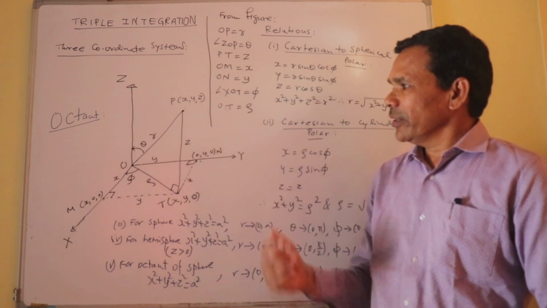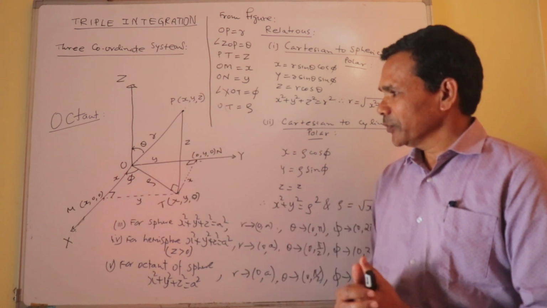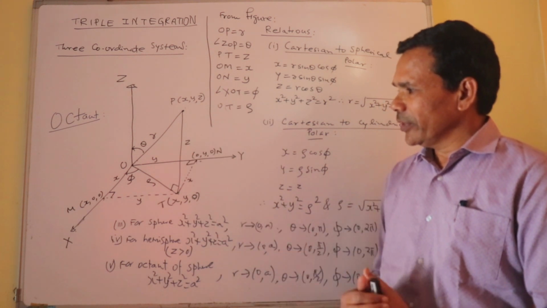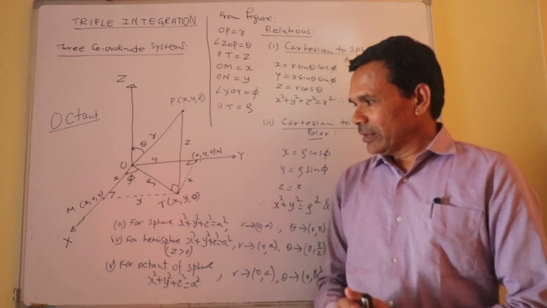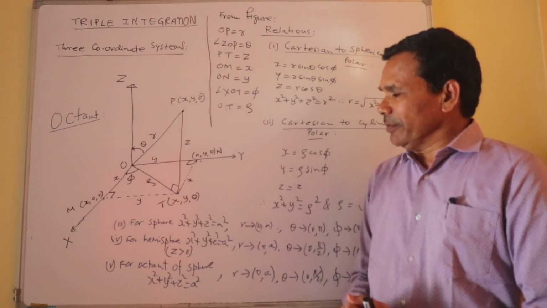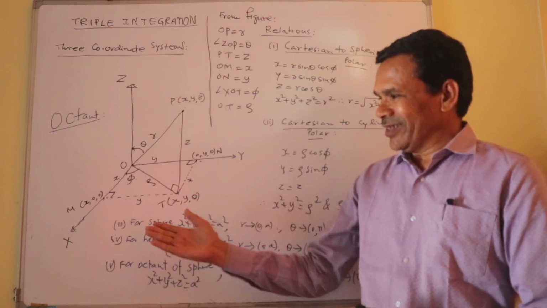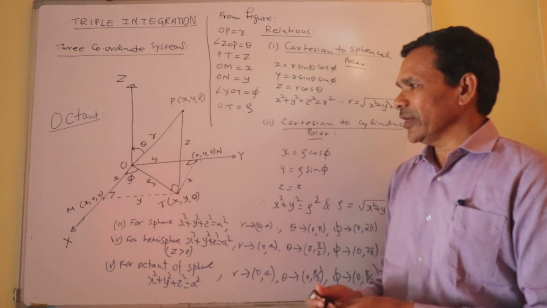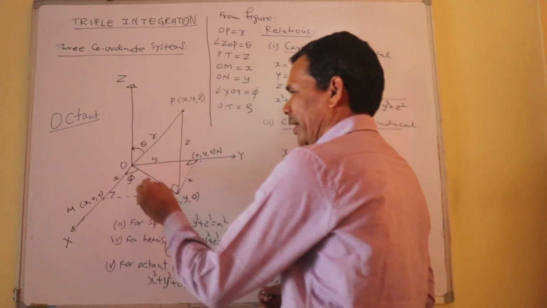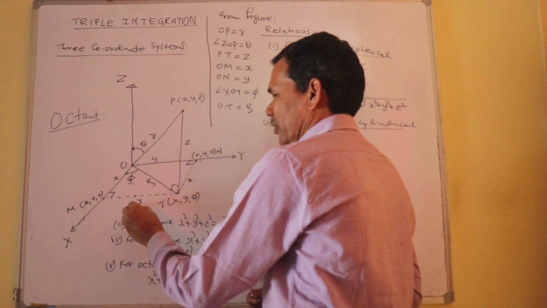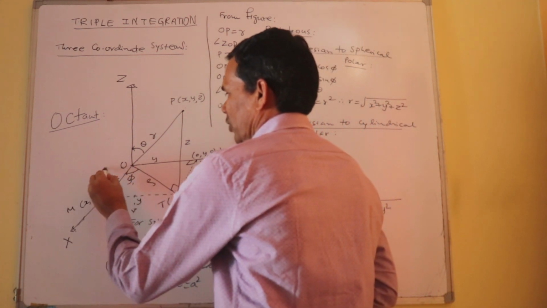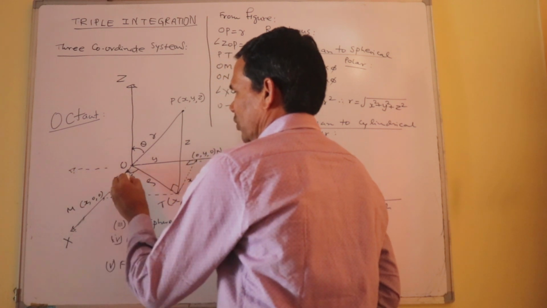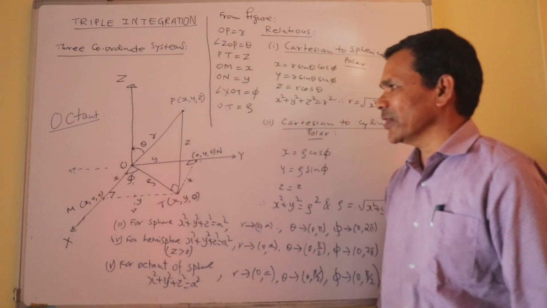Now, if you observe here, I have drawn the figure. In the figure, we have a three-dimensional coordinate system with three axes: x, y, and z. It can be extended. This is negative z, this is negative y, and this is negative x, that is on the backside.